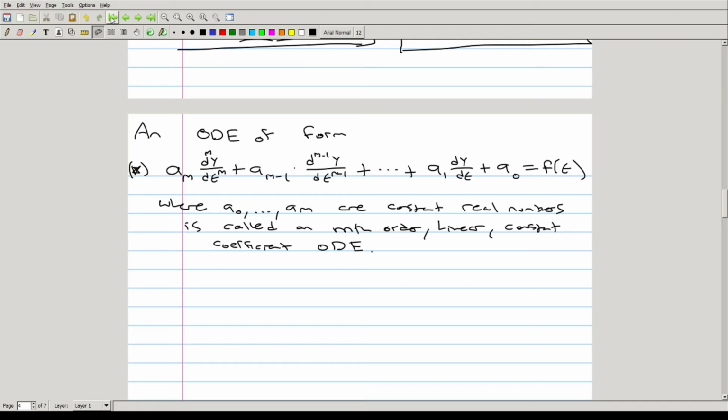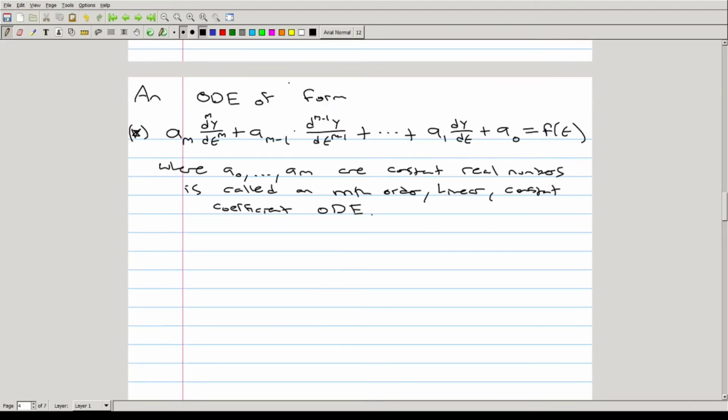We also might adopt a slightly nicer notation. We'll denote this entire left-hand side as L of y. And note that it's important to go through and check, but L of y is a linear operator on functions.